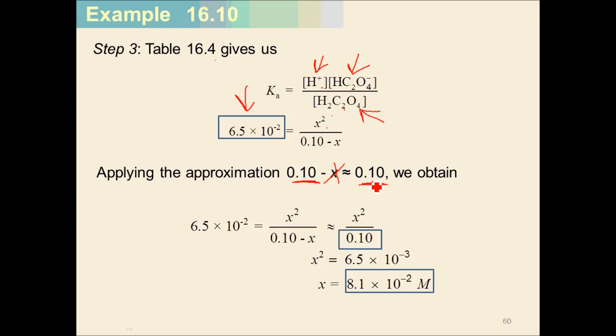When we do, the expression 0.1 minus X will just come down to be 0.1. So we have X squared equal to 6.5 times 10 to the minus 2 times 0.1. First multiply both sides by 0.1, and that leaves X squared to be 6.5 times 10 to the minus third. Solving for the square root, you get 8 times 10 to the minus second molar.